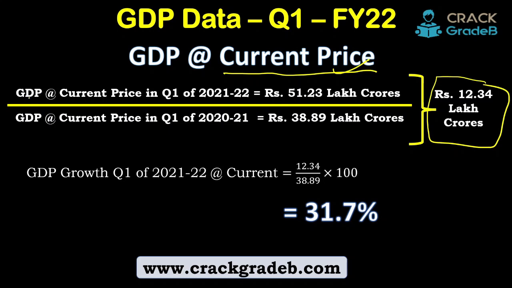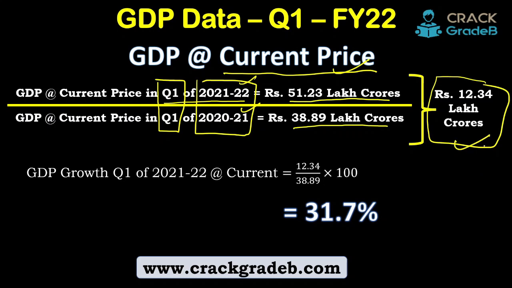Let's not discuss that. So GDP at current price in quarter one of 21-22 is 51.23 lakh crore. In the previous year's quarter, it was 38.89 lakh crore. For comparison purposes, the same quarter of the previous year is used. So now it's 2021-22, previously 2020-21.